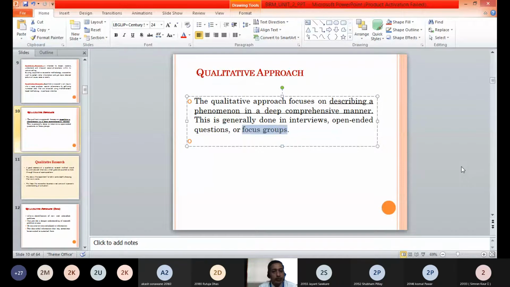That is called a focus group type of interview, isn't it? So there may be interviews, open-ended questions, or focus groups used for collecting information in qualitative research. Are you getting this point? Yes, sir.